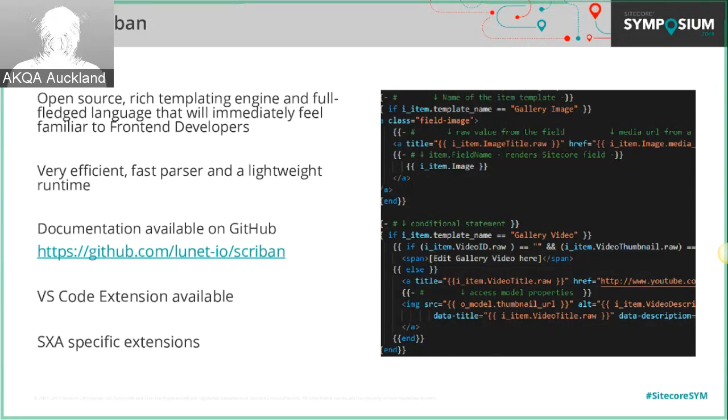And why Scriben is an interesting one is that a lot of front-end guys can do this, because in Visual Studio Code a lot of extensions are available. Also, a lot of item-level extensions are written, and SXA-specific extensions are there. Previously, in Velocity, there were not many extensions. You just read the item and the properties that are there.